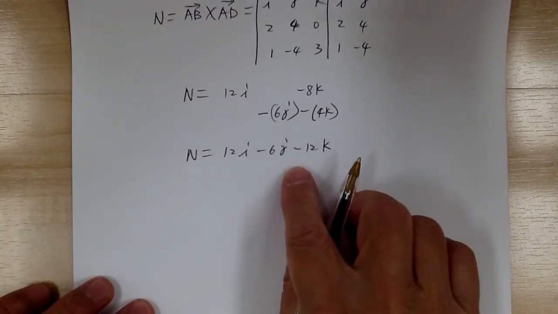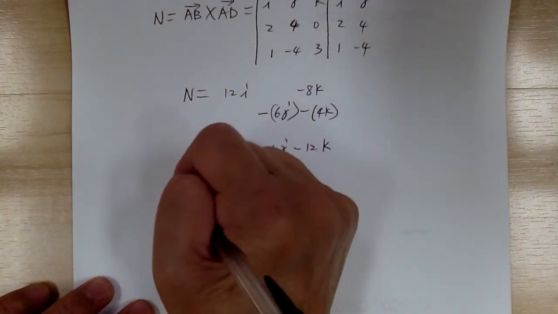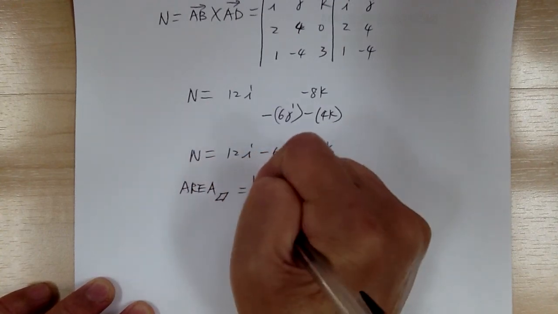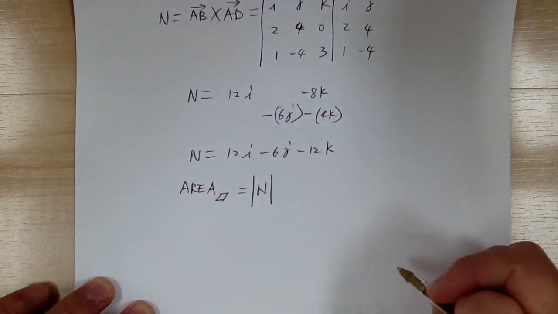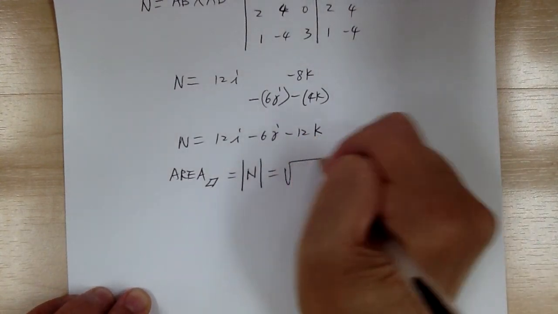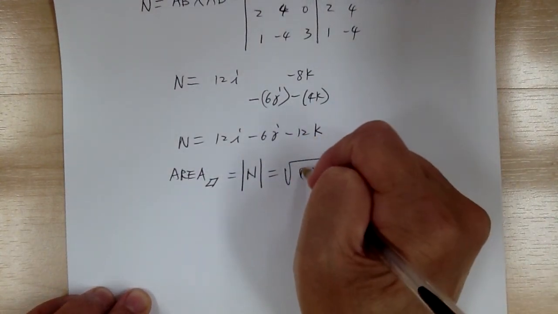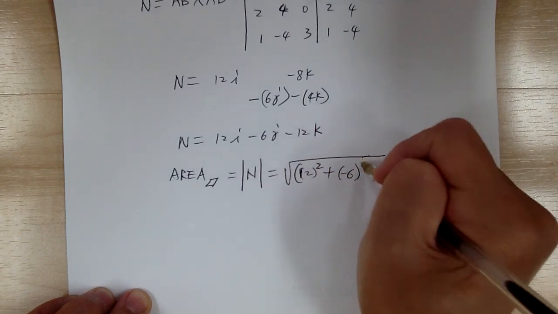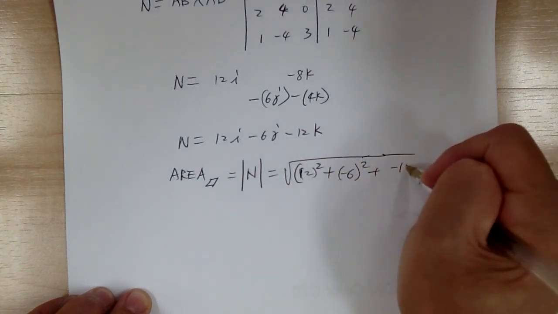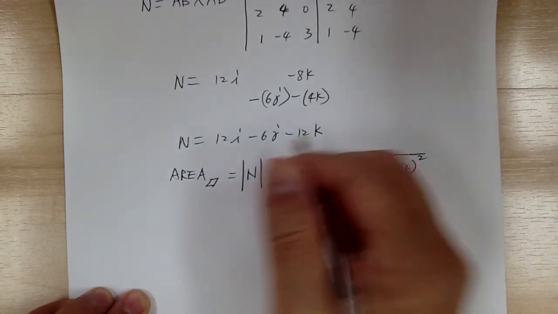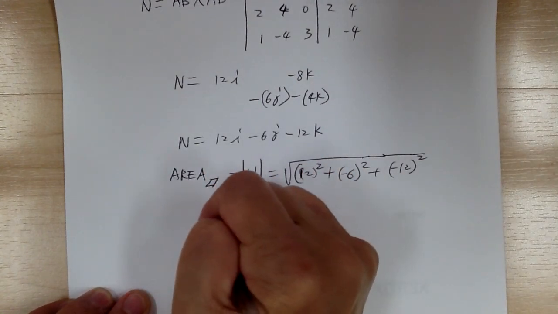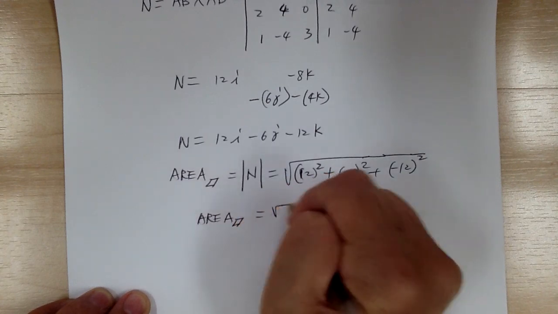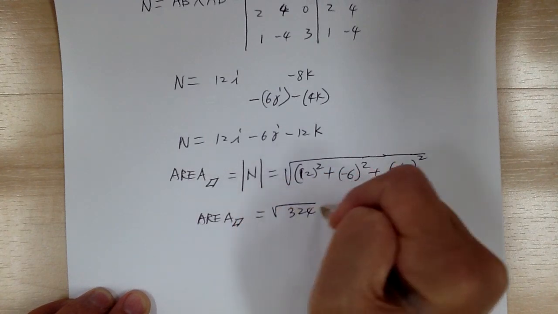Okay, once you find the normal, now you can find the area. So the area of the parallelogram equals the magnitude of the normal. Okay, so this will equal 12 squared plus negative 6 squared plus negative 12 squared. So the area of the parallelogram equals square root of 324.